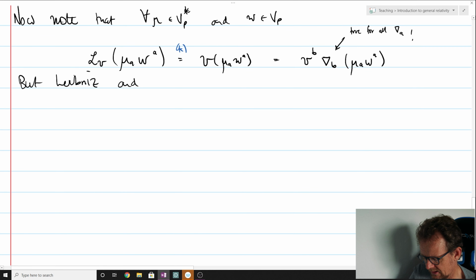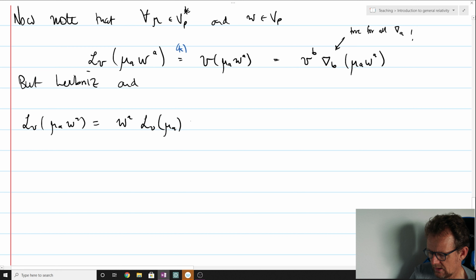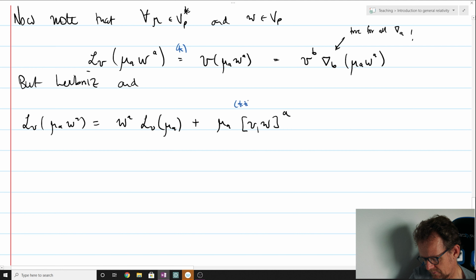So the Leibniz property allows us to compute the Lie derivative first to the dual vector mu, then to the normal vector W. So we have that L_V of mu_A W^A is none other than W^A, and do L_V on mu_A first, plus then do mu_A on L_V on W. But remember, star tells us that that's equal to the A-th component of the commutator of V and W.